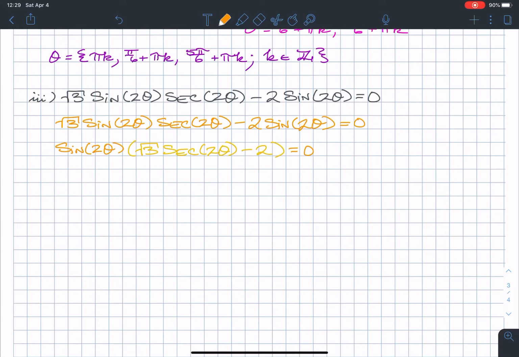Okay. So we have either sine of 2 theta is equal to 0, or we have that the square root of 3 secant of 2 theta minus 2 is equal to 0.